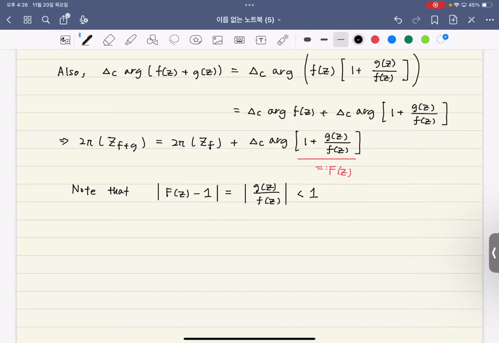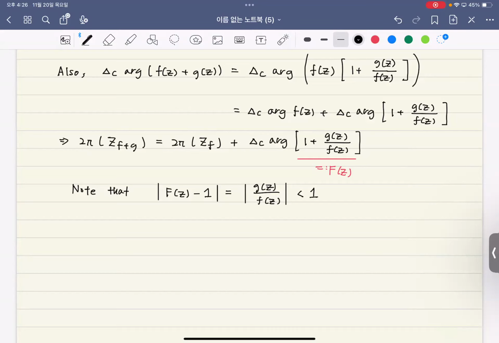According to this inequality, the image of this curve should be inside the circle of radius 1 centered at this point. So the image is something like that, and I am pretty sure that this curve does not wind around the origin of the w plane.